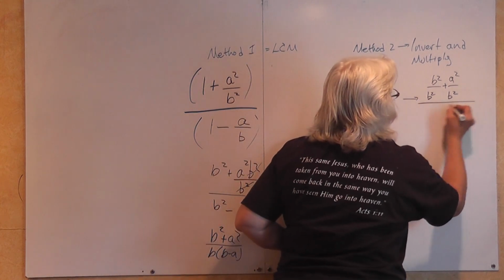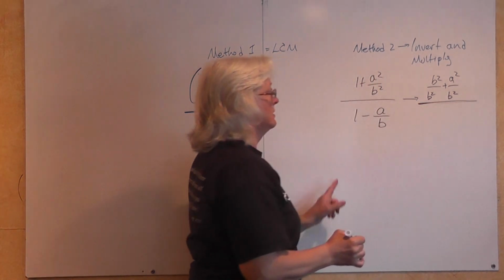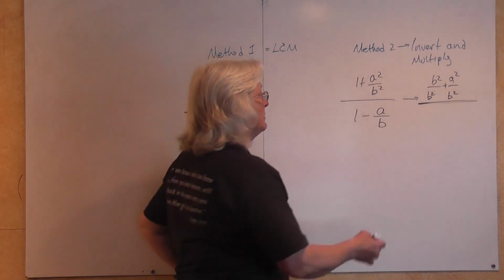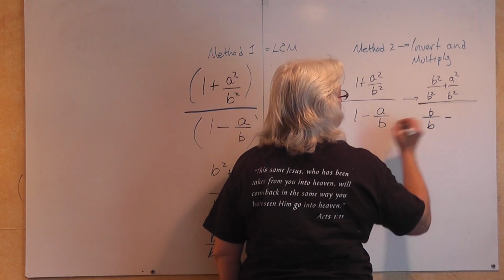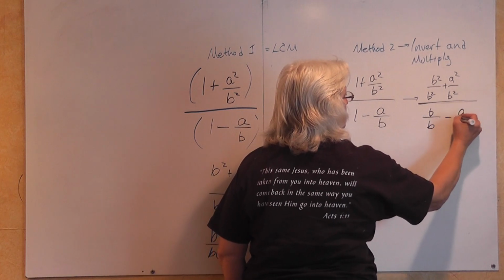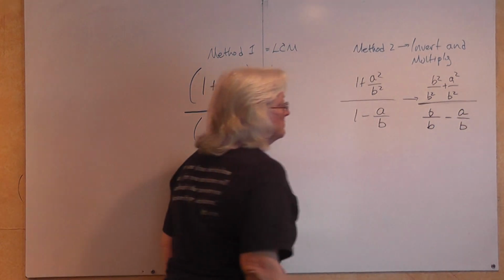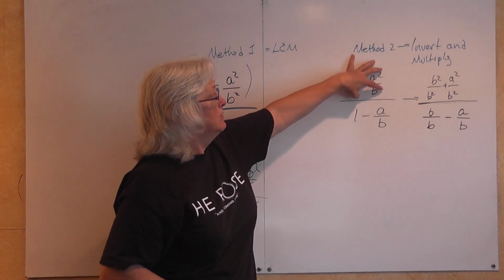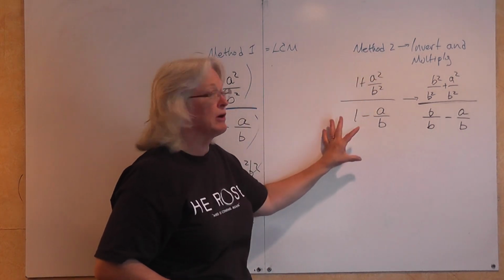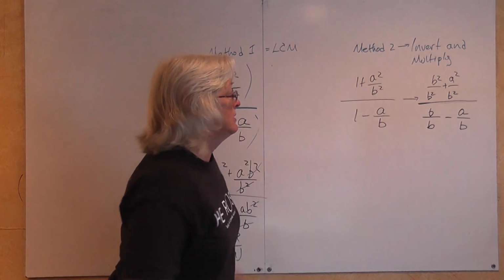In our denominator, we're going to have b over b minus a over b. So we have to be able to combine these two rational expressions.